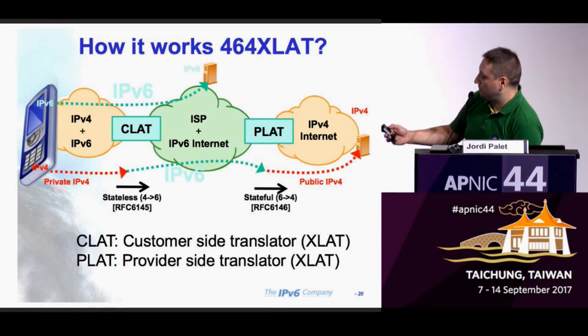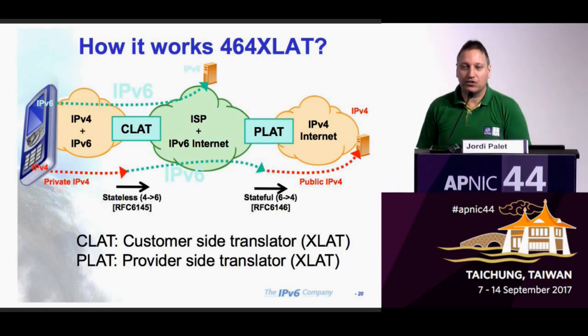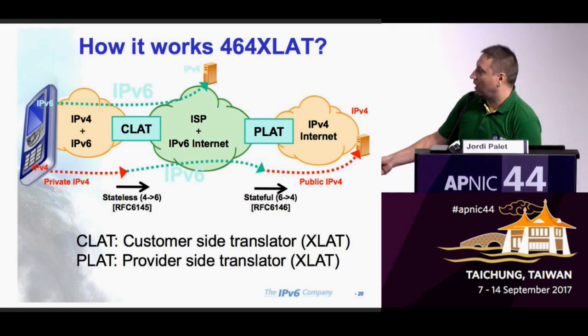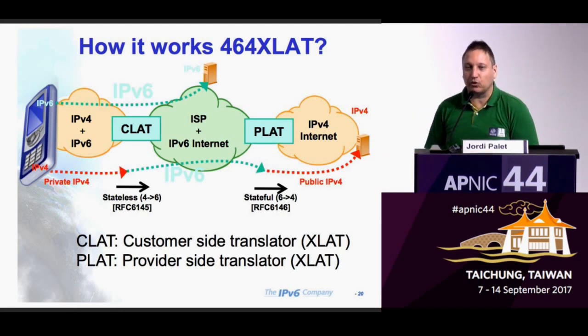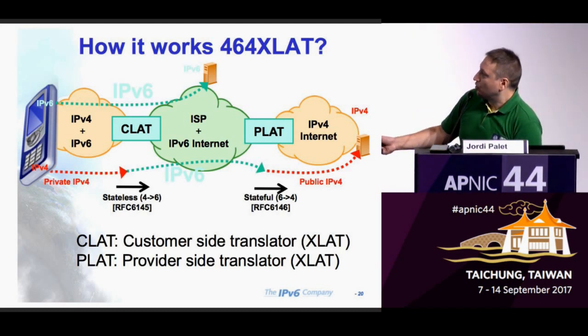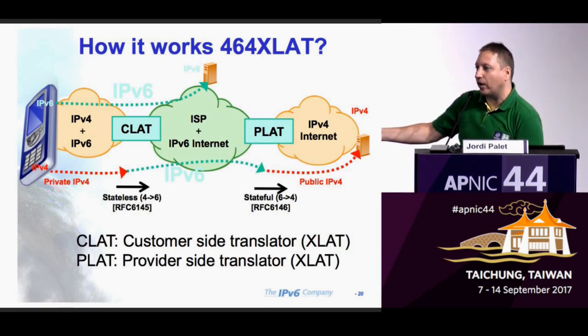Here you have a better picture, and it shows that CLAT stands for Customer Side Translation, and PLAT stands for Provider Side Translator, okay? So if this is a cellular network, never mind again this is a smartphone or a customer premises equipment, a CE or a CPE. Basically, you can have here dual stack applications.